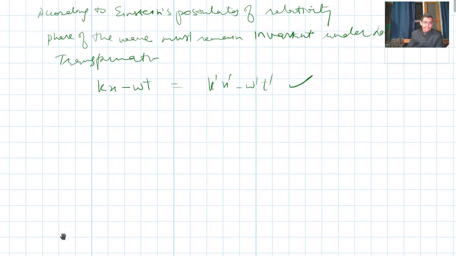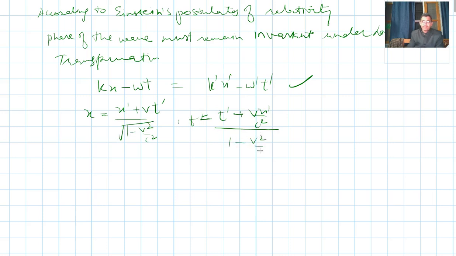Now, as we know, x is equal to (x prime plus v t prime) over the square root of 1 minus v square by c square, and t is equal to (t prime plus v x prime over c square) over the square root of 1 minus v square over c square.